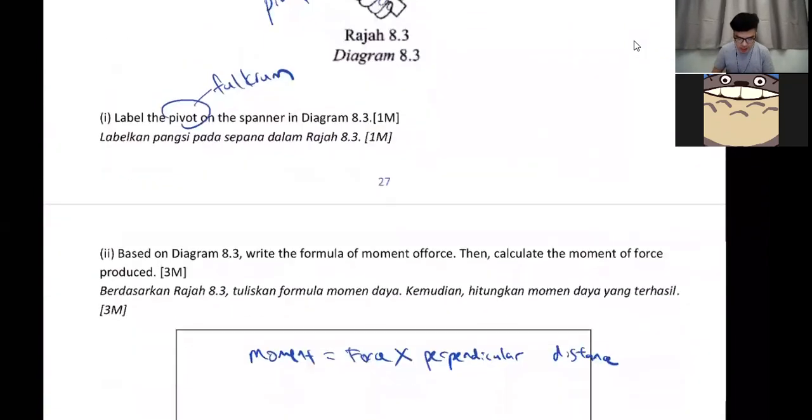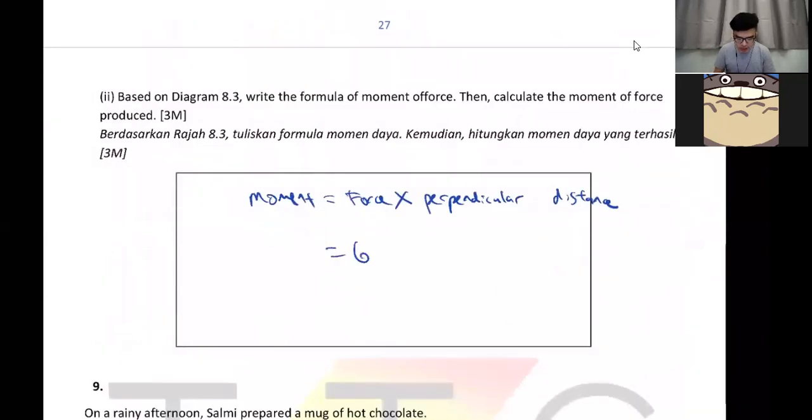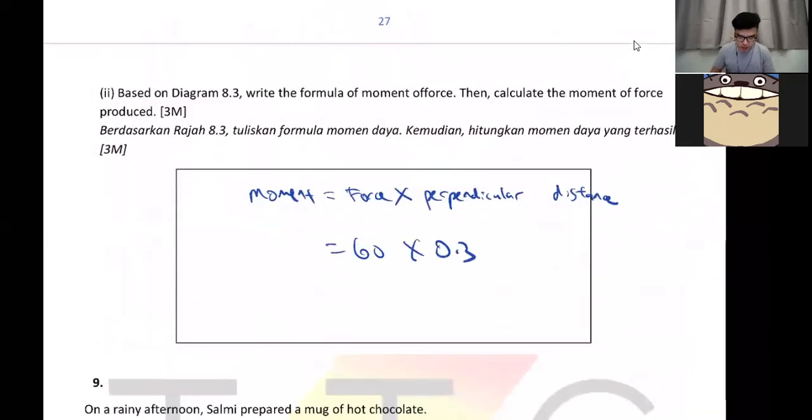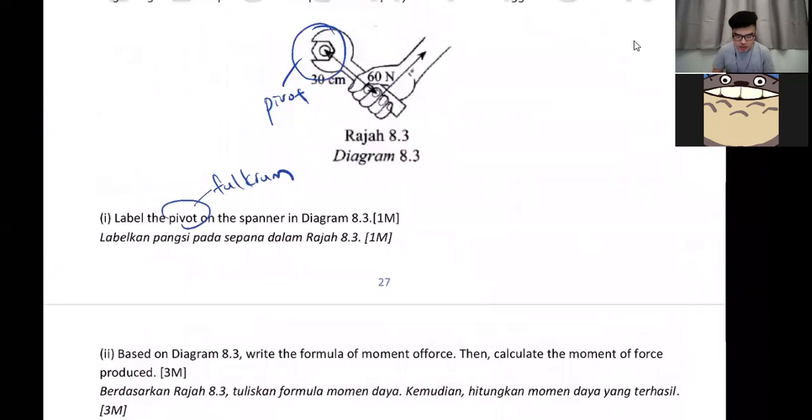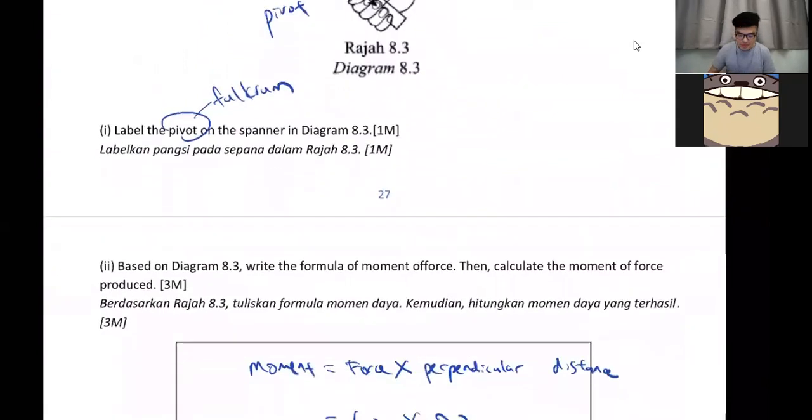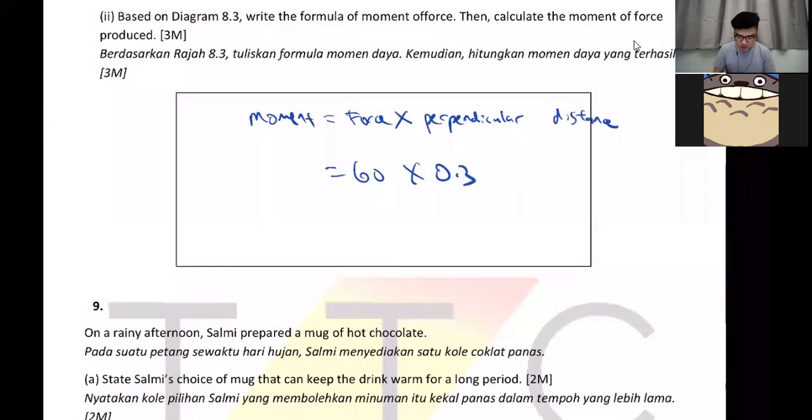So in this case, it's 60 times 0.3. Why is it 0.3? Please change your cm to meter. That's your SI unit. If you put 30 here, you're going to be wrong. So you will get 18 Newton meter.